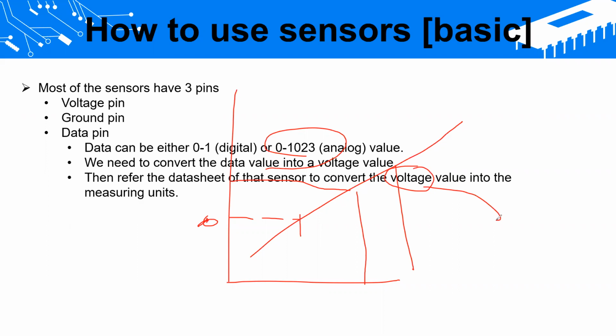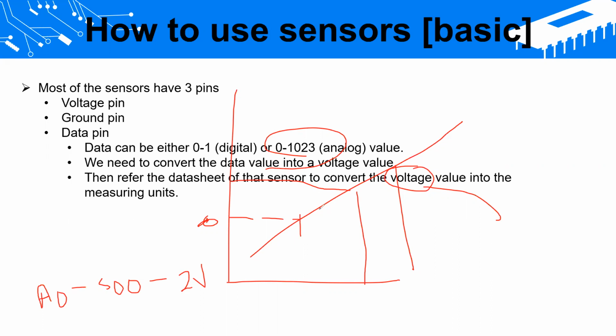So first we start from the sensor value. We take that value out of our analog pin, suppose A0, some value like 500. Then you convert this value into a voltage value, suppose 2 volts. Now we have the voltage value. In the data sheet it defines the function of the voltage with the temperature.